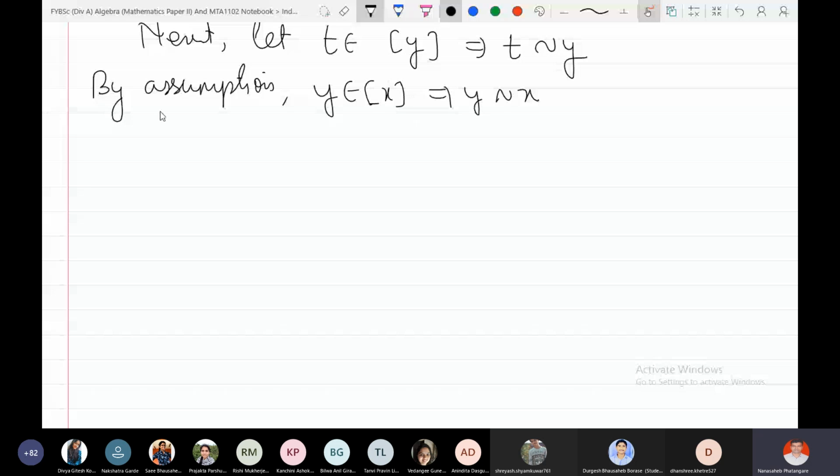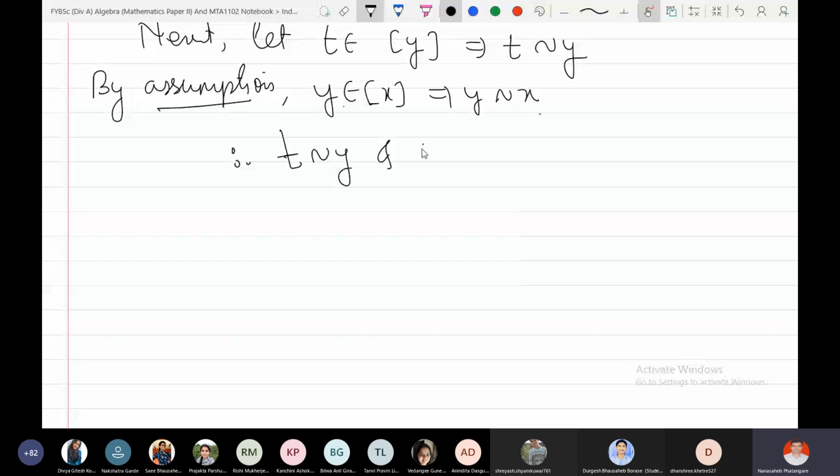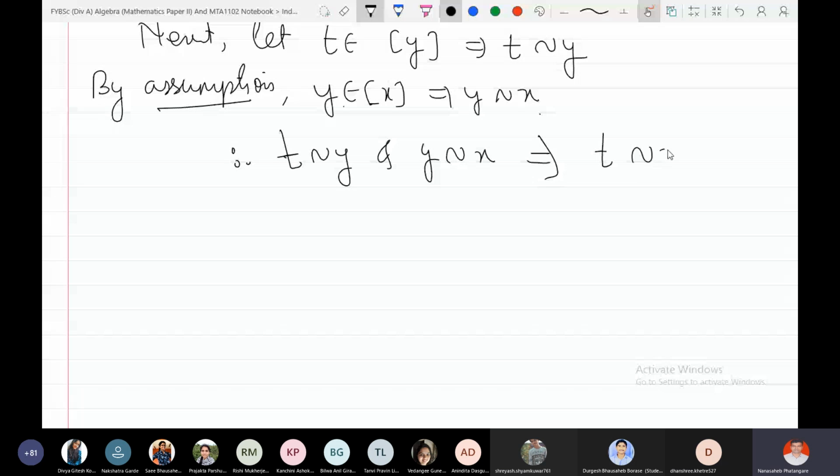So Y is related to X, and thus T is related to Y and Y is related to X. This is the situation. And what is the conclusion? T is related to X, and therefore T is a member of class of X.